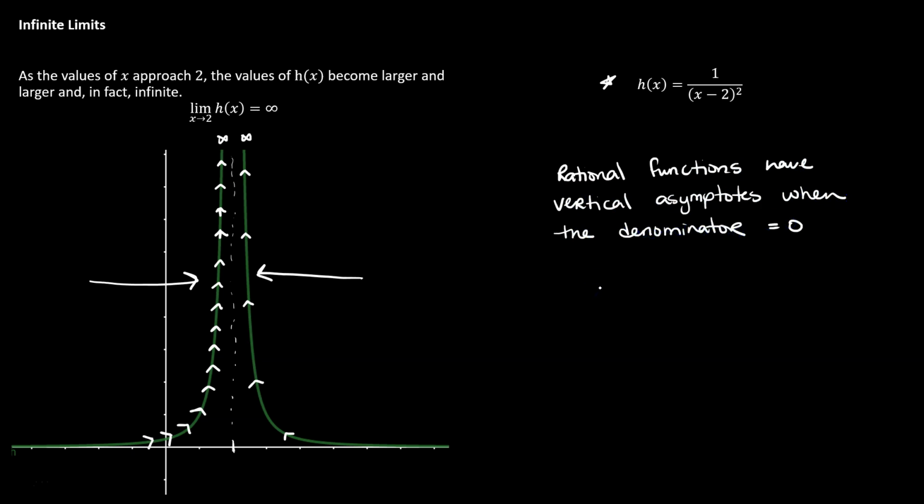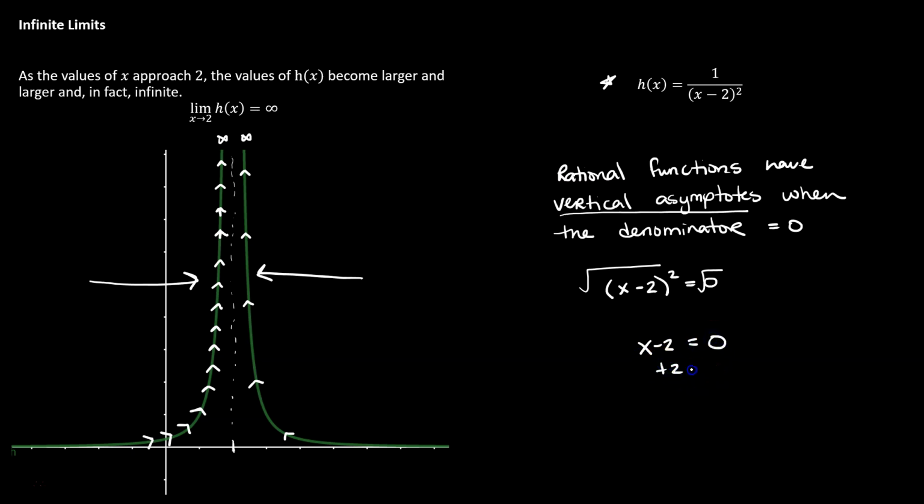So what we need to do to find a vertical asymptote is take our denominator and set it equal to 0. Creating this equation will help us find the asymptote, specifically the vertical asymptote. So we can square root both sides to get rid of the exponent of 2 on the left side. So now we have x minus 2 equals the square root of 0, which is just 0.